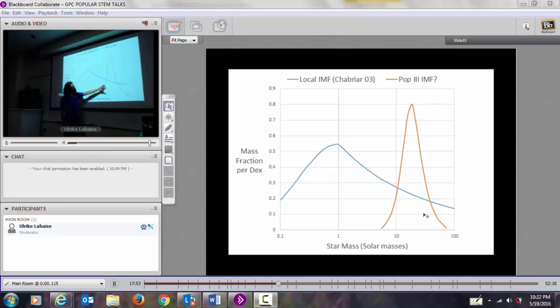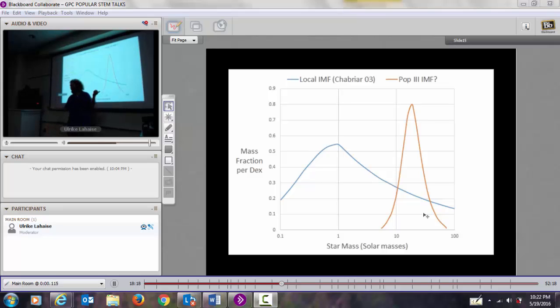But here is one model of star formation from just hydrogen and helium. It's much heavier stars. And I actually got this from a paper that is quite optimistic about lower mass stars forming. It has to do with what the cooling mechanisms are that can cool the gas. And this proposes that molecular hydrogen could cool the gas.